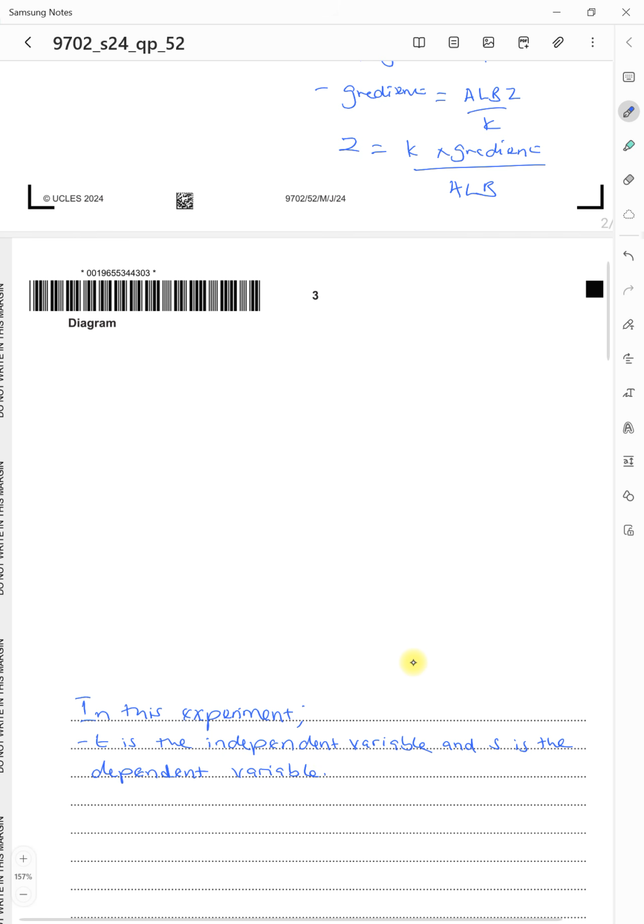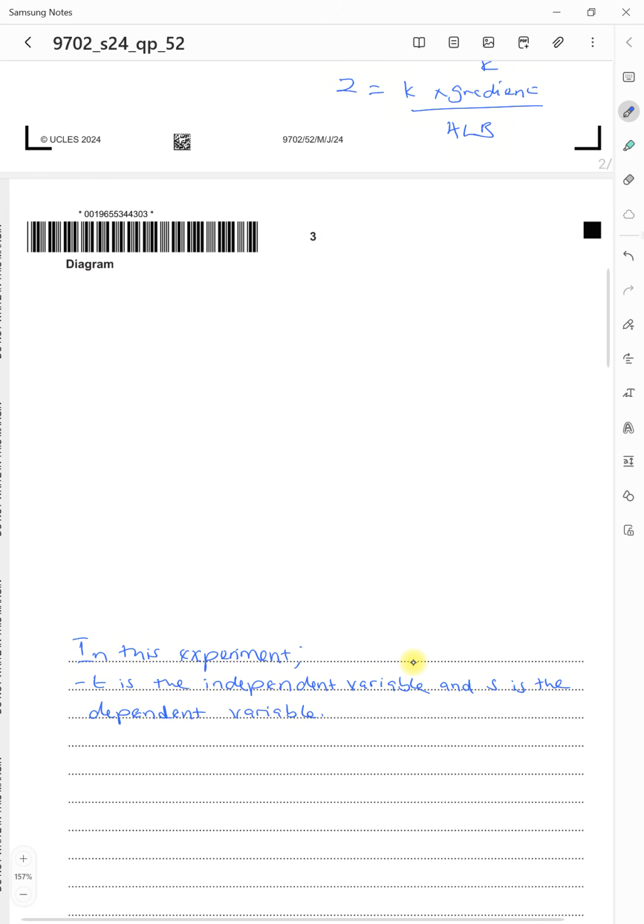Alternatively, you can say in this experiment, I will vary T and measure S, because we vary the independent and we measure the dependent. Then I also said I will keep K constant, where K is the spring constant. I'll also ensure that A, L, and B remain constant.